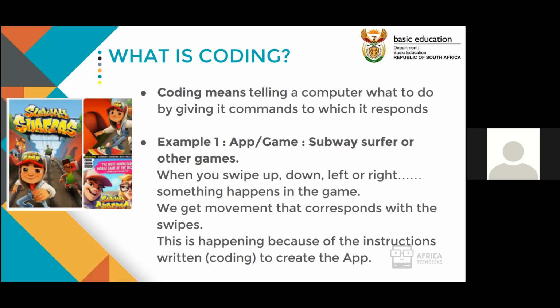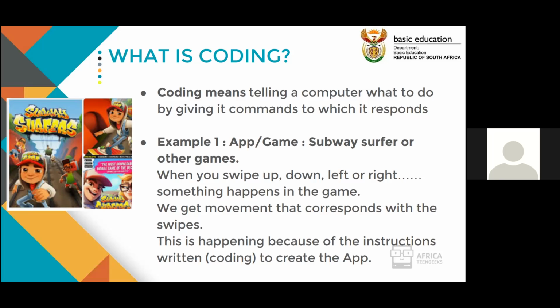And when you swipe, whichever direction, something happens in the game or on the screen. So basically, you're getting movement on the screen. Your character is moving, depending on what you swipe.